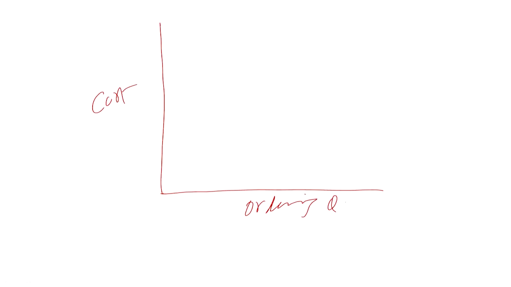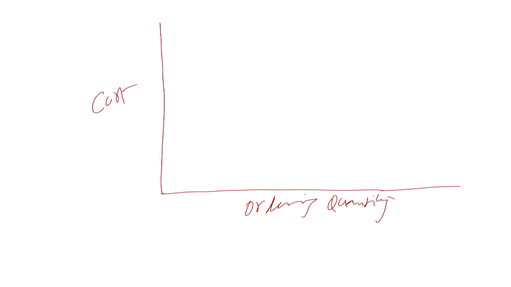I think you will be able to recall it. So, let us see how we work out that cost. Here we have the cost on the x axis, and on the y axis we have the ordering quantity. This is the quantity we are going to order, or the quantity which is going to be there with us.